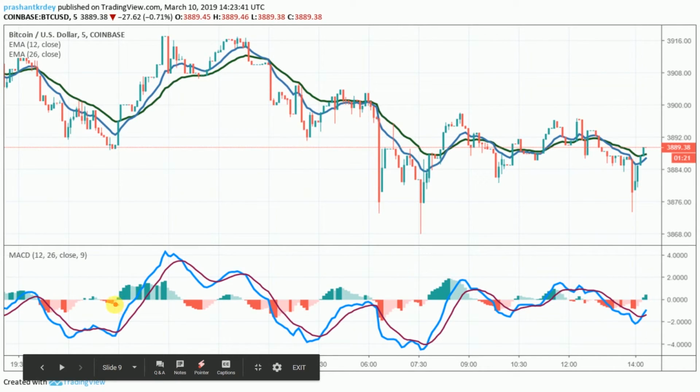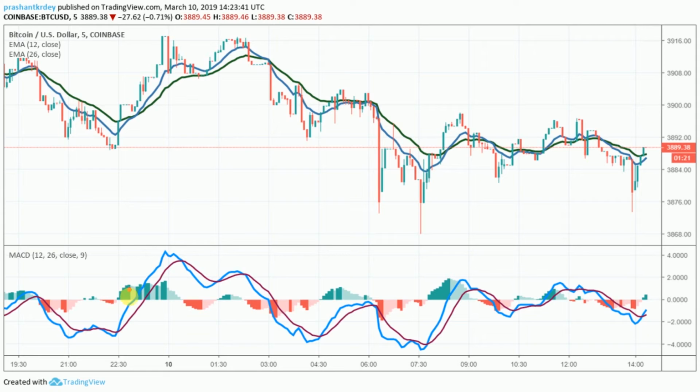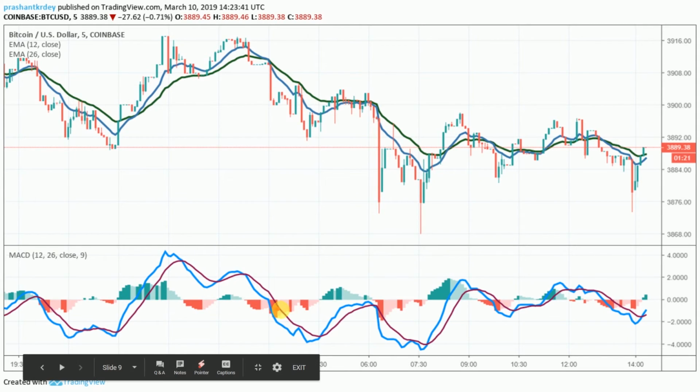Now talking about the histograms that I mentioned, this histogram is basically the difference between the MACD line and the signal line. So that means if these big towers are big, there's a huge bullish movement, and if it's on the opposite side, that means it's a huge bearish movement.